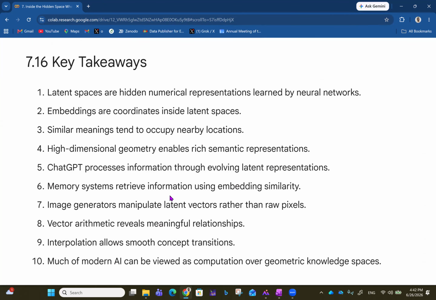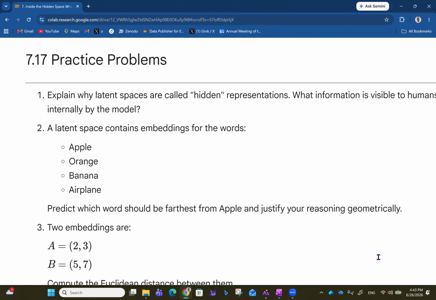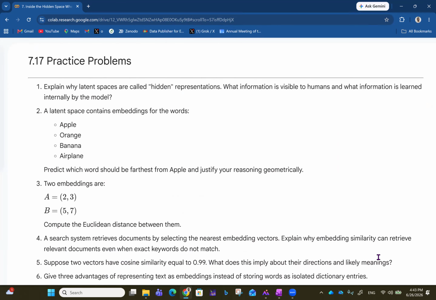Memory systems retrieve information using embedding similarity. Image generators manipulate latent vectors rather than raw pixels. Vector arithmetic reveals meaningful relationships. Interpolation allows smooth concept transitions. Like we saw with the cat and tiger, much of modern AI can be viewed as computation over geometric knowledge spaces. So let's see some practice problems as usual.